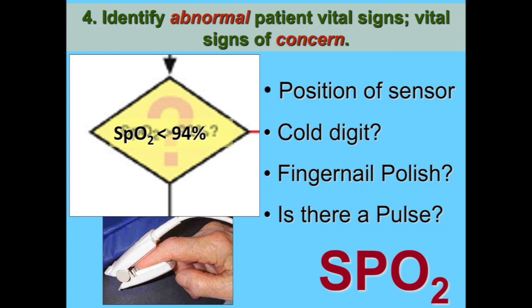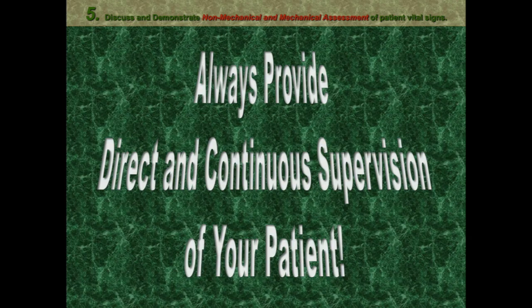Fingernail polish can block it, and we can turn the probe sideways so it shoots through the finger that way, or put it on some other place like a toe or the nose or the earlobe. And if there's no pulse, there's not going to be an SpO2 reading. Remember that you've always got to be with a patient. Remember the number 3 for why you've got a supervised patient under sedation.